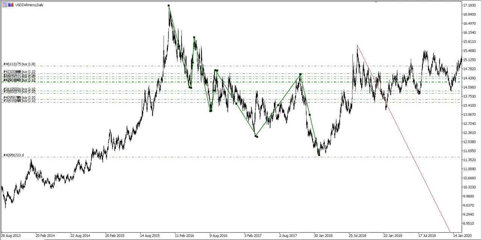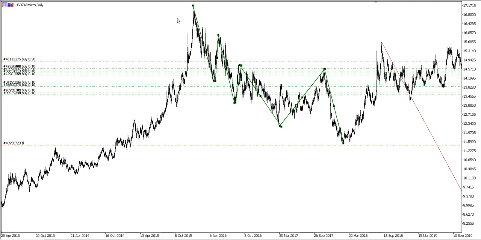So this is one major characteristic of a corrective movement: overlapping waves. Whereas here, as you can see, it just shoots up, especially at the end point of the upward movement. It was just a spike up.